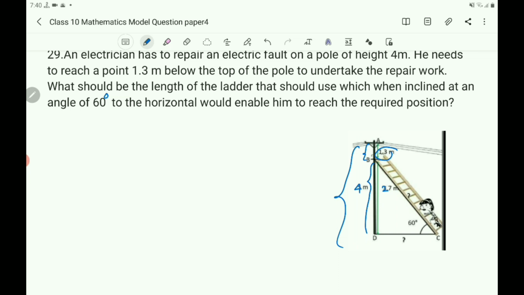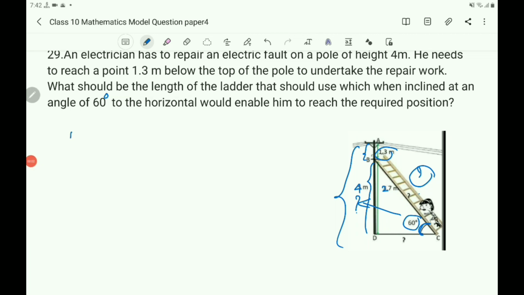And here what you have to find out? What should be the length of the ladder that should be used when inclined at an angle of 60 degree. Here we have to find the length of the ladder. The angle of inclination of the ladder is given, and to find this, use the theta. If you consider this is the theta, this is the opposite side and this is the hypotenuse, use the relation of the sine ratio.